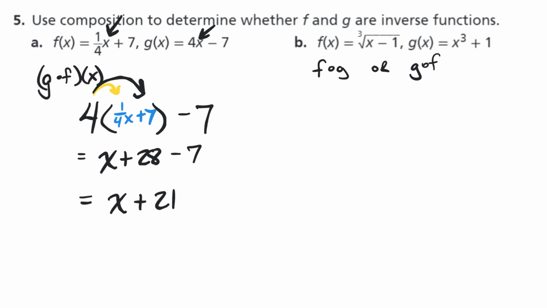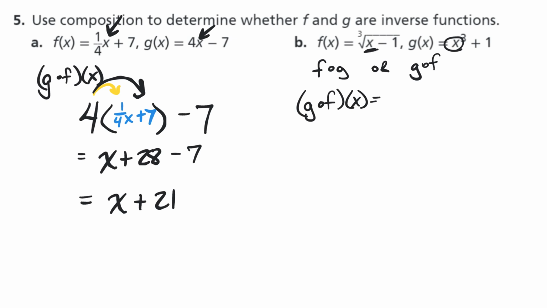But if we think about this, what do we want to do? Do we want to throw a binomial inside of here, or do we want to cube an already cube root function? We definitely want to cube an already cube root function, so we are going to do g of f of x again.